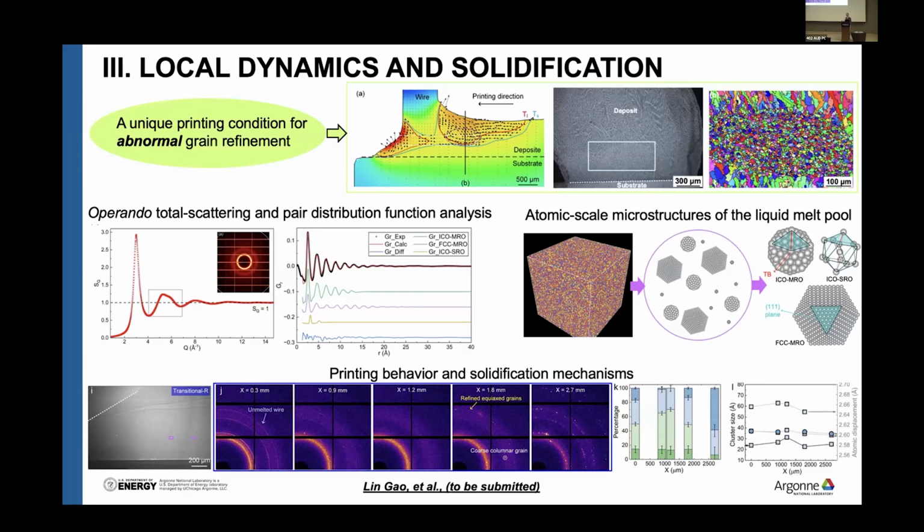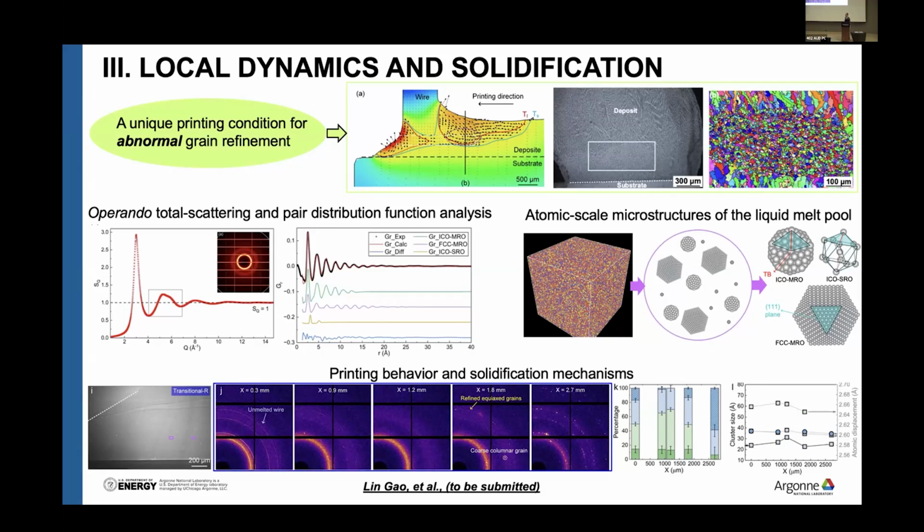And with this technique, we conducted the pair distribution function analysis and revealed that the mold pool has a lot of atomic clusters, so that it enables us to reveal the atomic scale microstructures of the liquid mold pool under the real metal additive manufacturing condition. So this is for the first time we get this type of information from the operando synchrotron characterization.